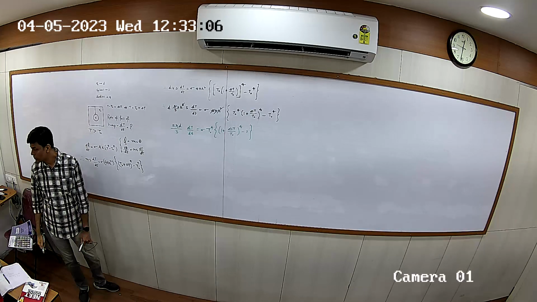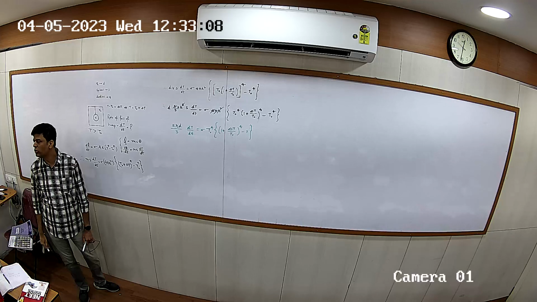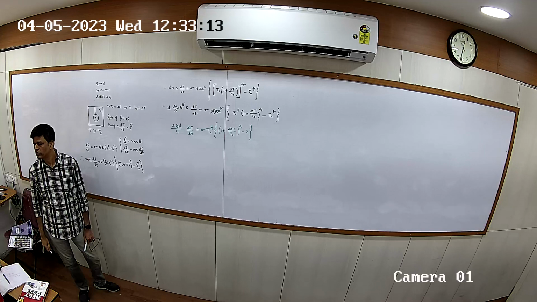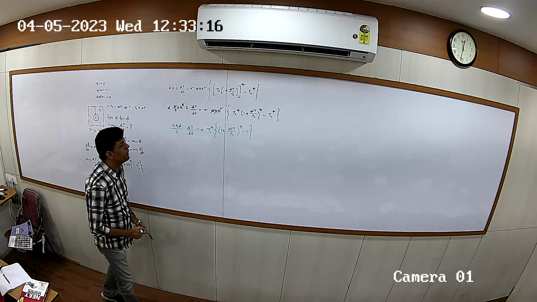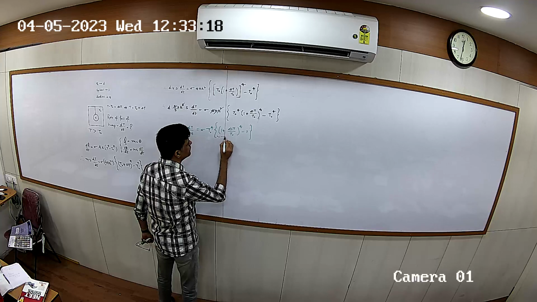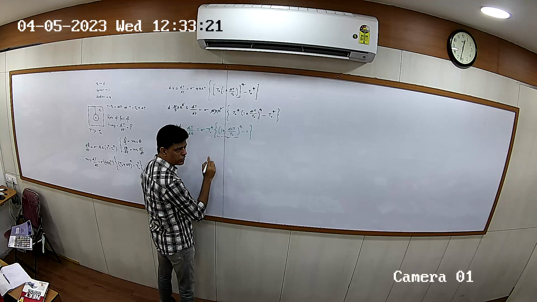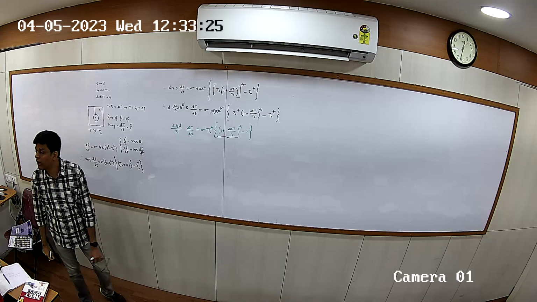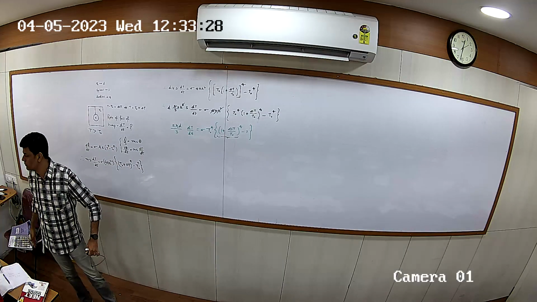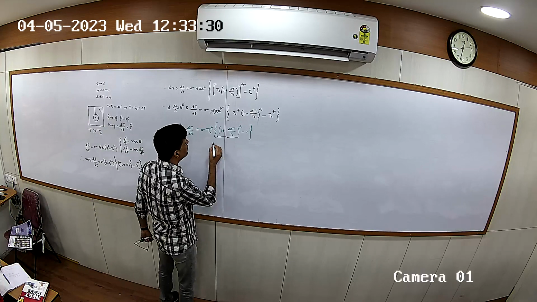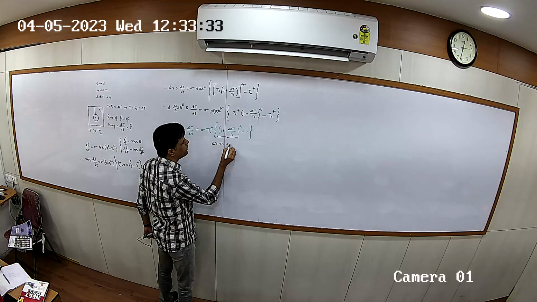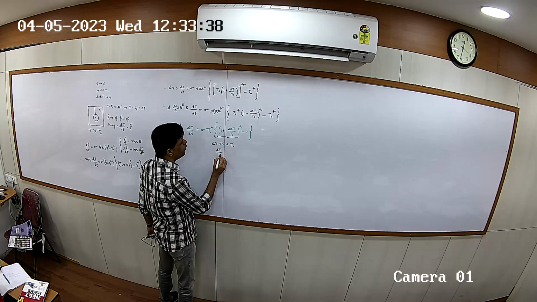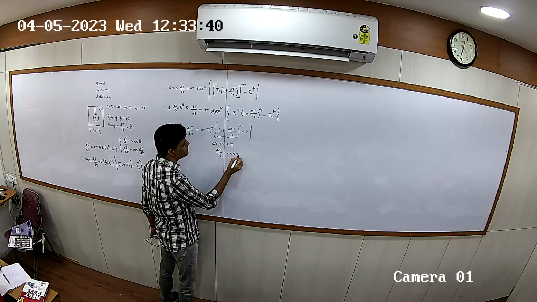Up to this it is clear? Yes or no? Copy later, please. Now listen very carefully. After that, this I have to solve very tactfully. Either this will be done by binomial expansion, correct? But I will avoid that because it will involve 5 terms. Check, my delta T is much lesser than T naught. That is what he has said. So delta T upon T naught is much less than 1.